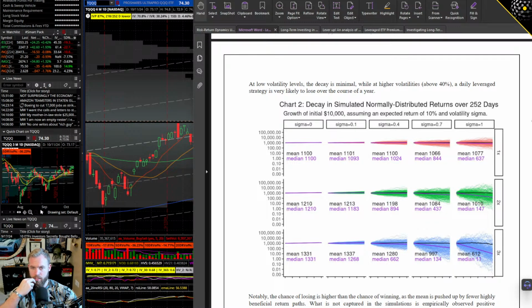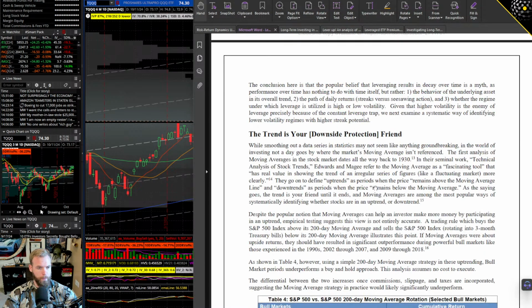So as volatility starts to change, we can see that volatility has a significant impact on the return profile. So the reason why that matters to us is because depending on the volatility regime we might find ourselves in, we probably would want to change what we're doing a little bit. That's essentially what this tells us.